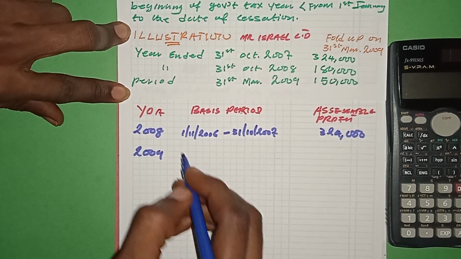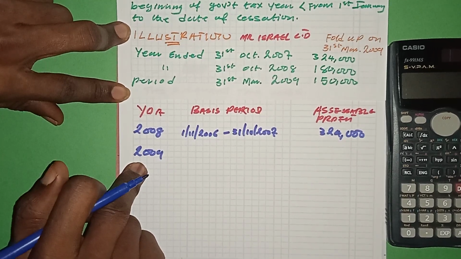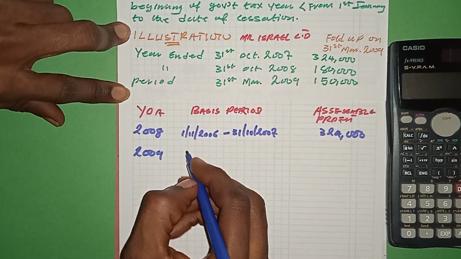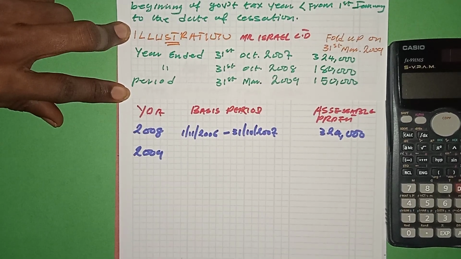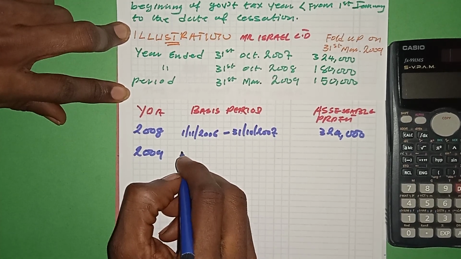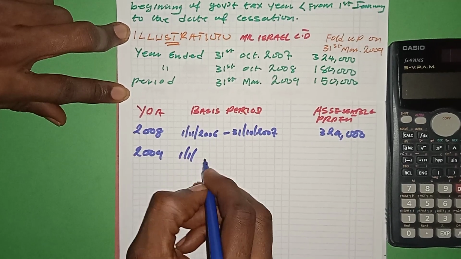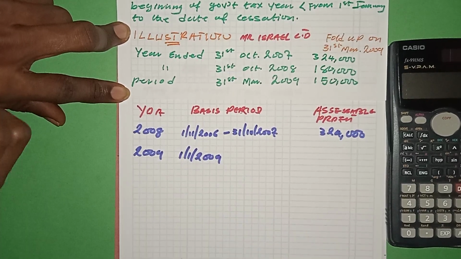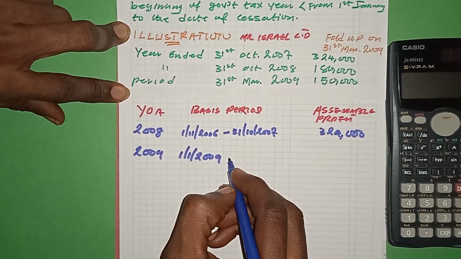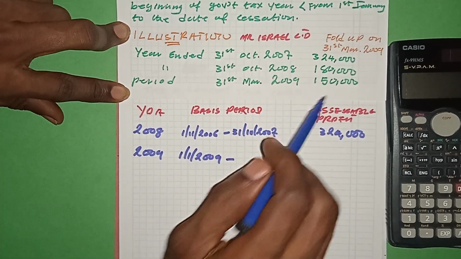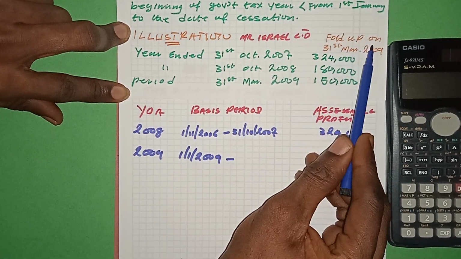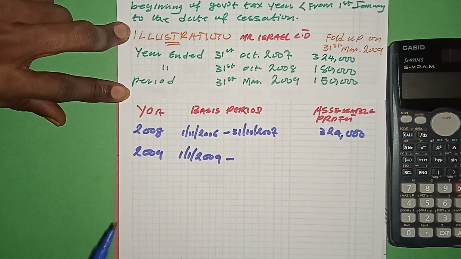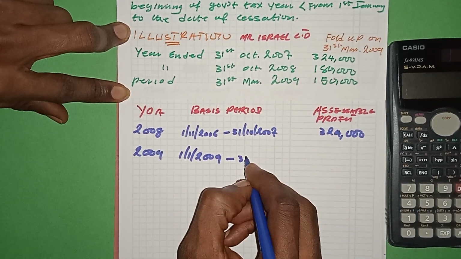And the law states that for the ultimate year, it is from the first of the government fiscal year, starting from 1st January to the end of cessation. Now, this is 1st January 2009 to what? When did they cease this business? The business folded up on 31st March 2009.